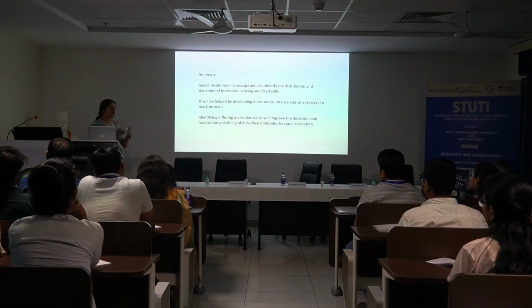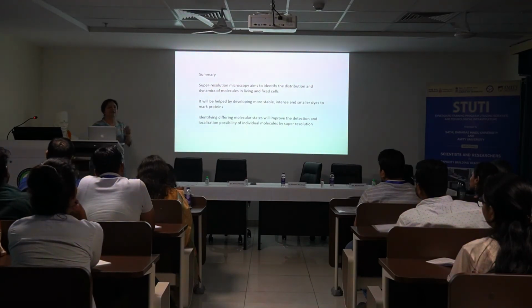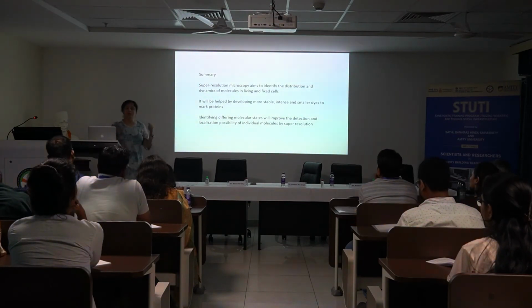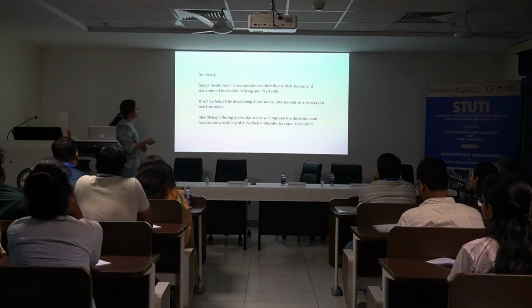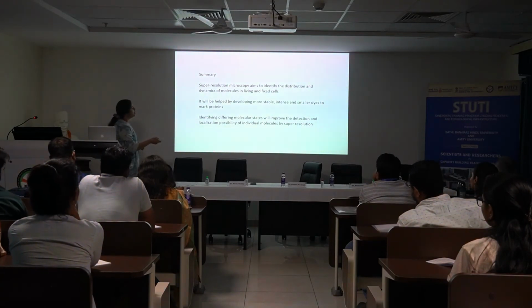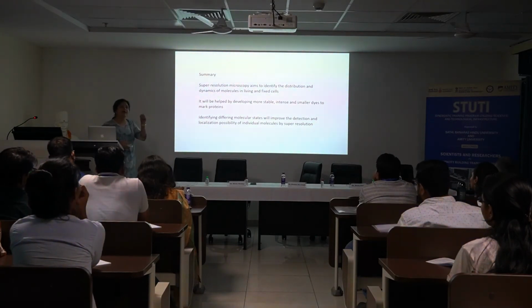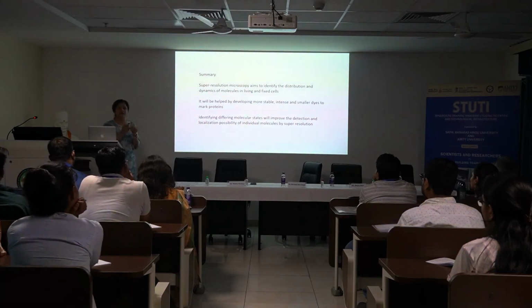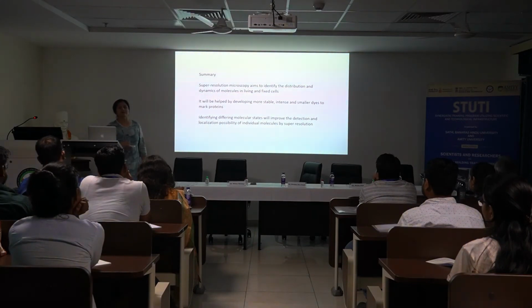So that we can localize molecules is there. It is now up to the chemists, and a lot of chemists are interested here, to start developing more stable, more intense, and maybe even smaller size dyes, which then can be used to mark these different proteins, right? So it is a chemistry problem at the end of it.